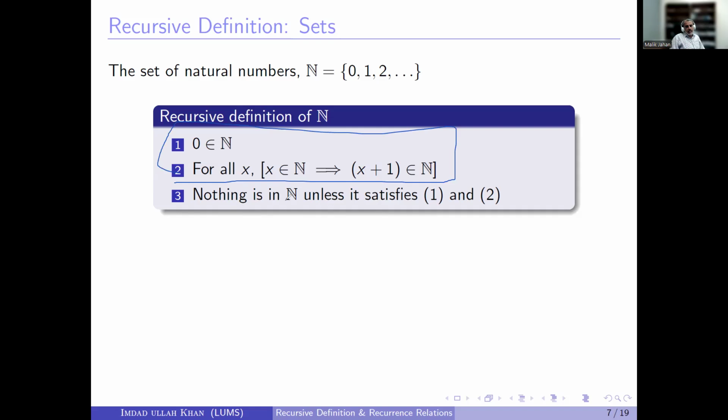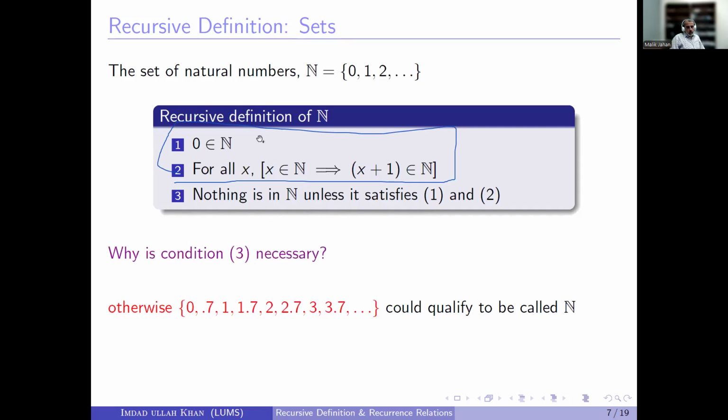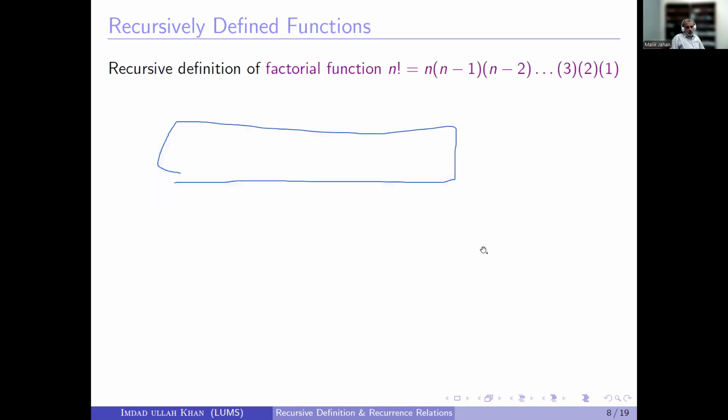Nothing is in that set unless it satisfies the first and second conditions. If we don't focus on the truthfulness of both together, then something like 0.7 can also be part of it. If we just look at condition 2, we can assume 0.7 is part of the set as our inductive hypothesis, and then say x plus 1 is part of the set. So condition number 3 is necessary, which is essentially the closure of the first 2.